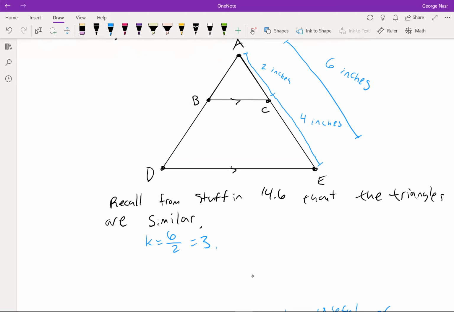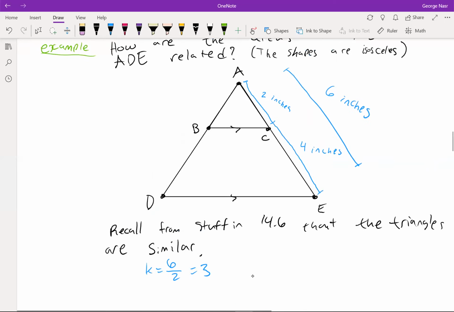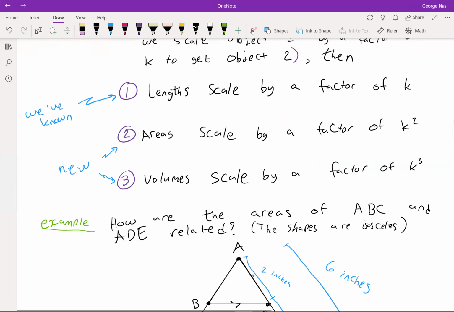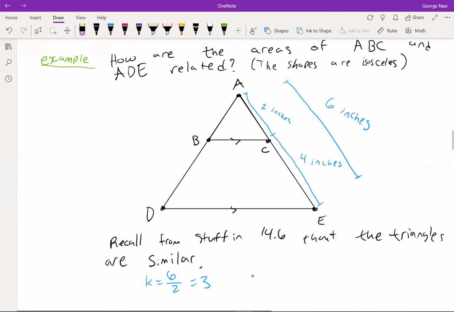Okay, great. So now what? Well, if k is 3, I know how to relate the areas of these two triangles, because areas scale by a factor of k squared.